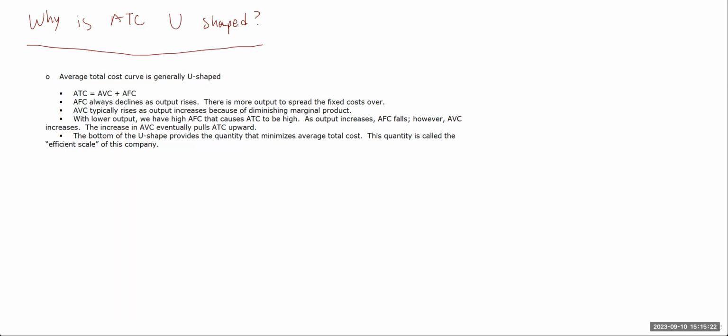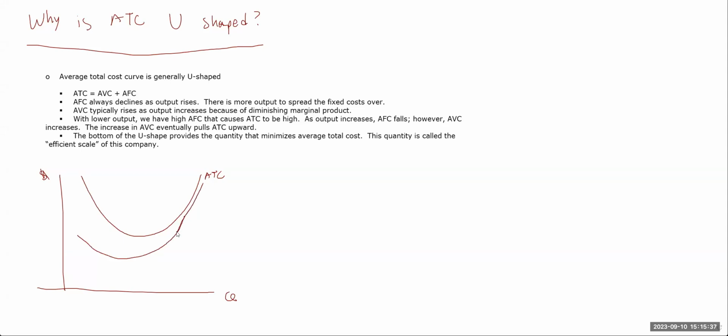For reference, I'm going to draw quantity, $, average total cost, average variable cost, marginal cost.